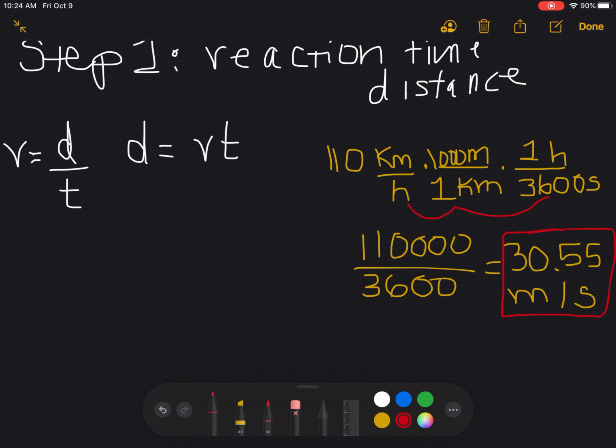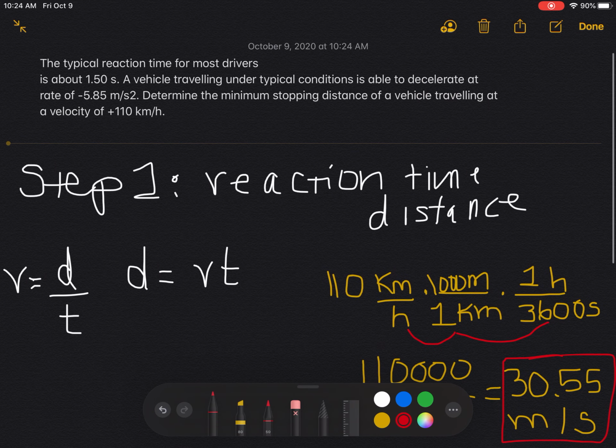So now we actually have the proper velocity and the proper units. So we can go ahead and actually calculate this. So we're going back to this. So our first thing is we need to find our reaction time distance. So to find that distance, we take our velocity times our time. Our velocity we know now is 30.55.